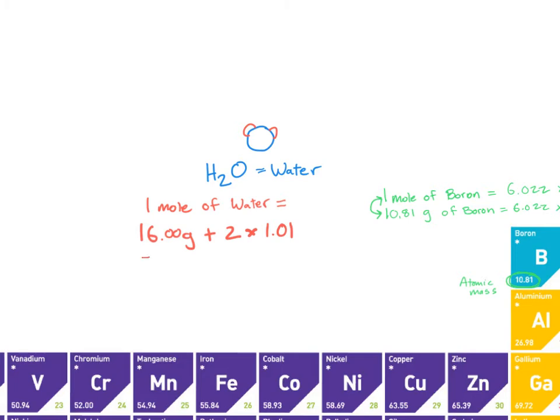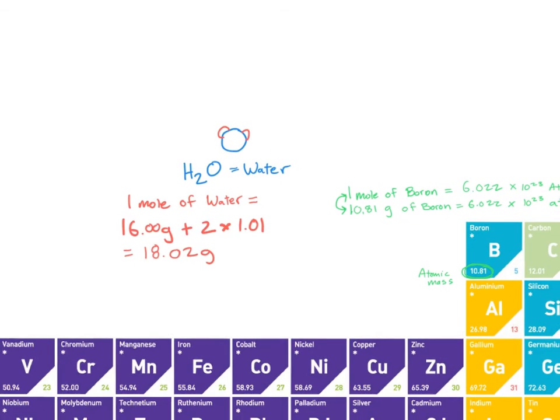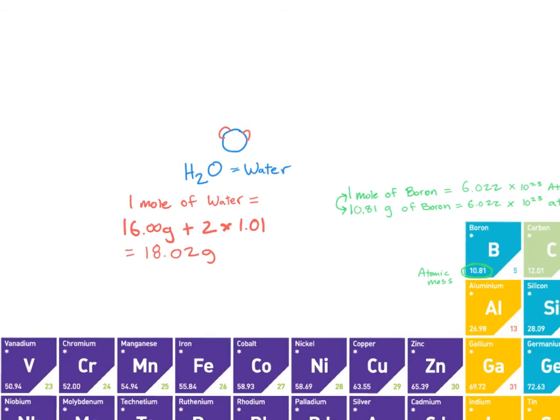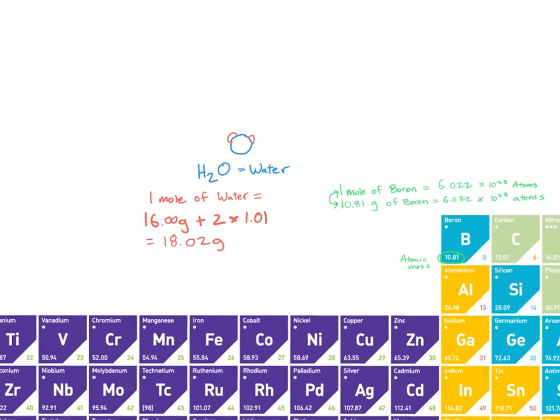And that then equals 18.02 grams. So in 18.02 grams of water, there are 6.022 times 10 to the 23rd molecules, and that equals 1 mole.